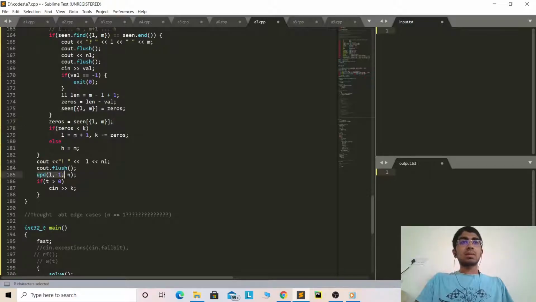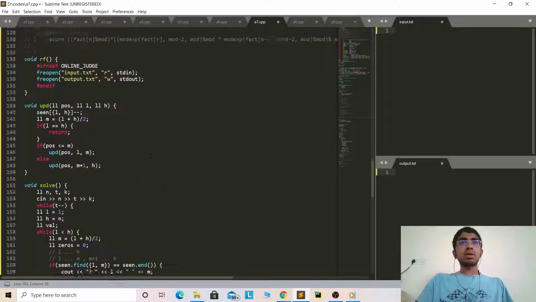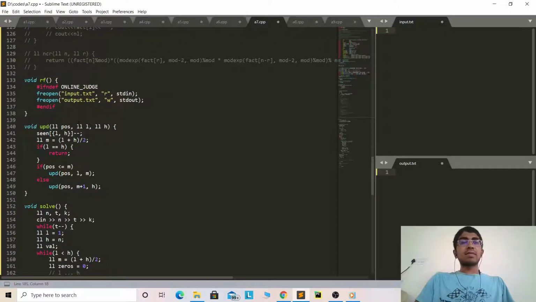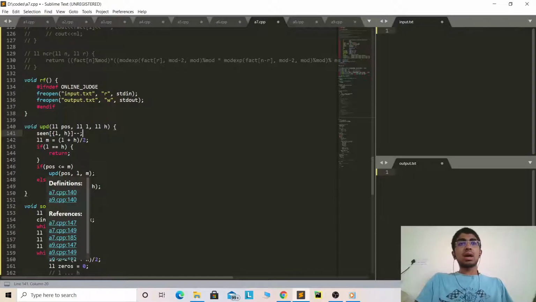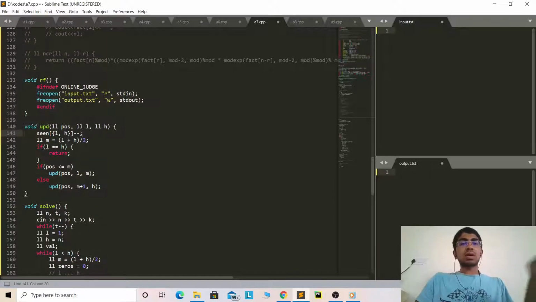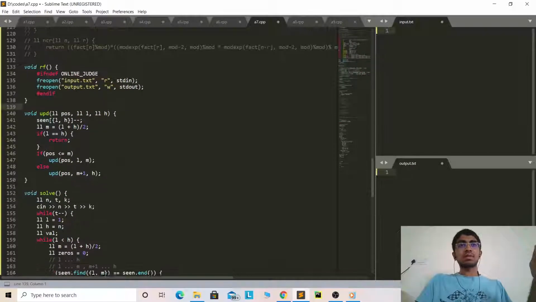For that we are using the update function. Initially I pass 1 and n because the position will definitely lie between 1 and n. Then we decrease the count in that range, and if the position is less than mid, go to the left part and update it, otherwise go to the right part. The reason for decreasing is that the position turns into 1 after each query, according to the instruction in the question.